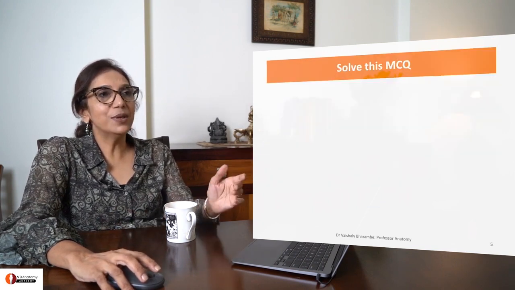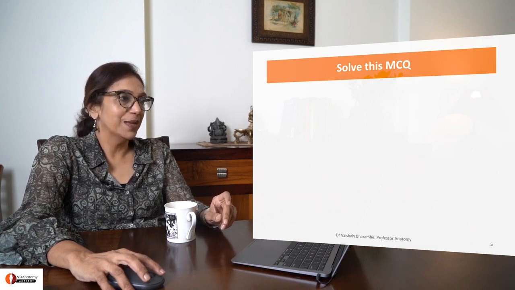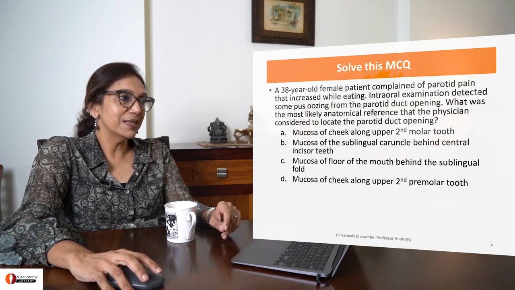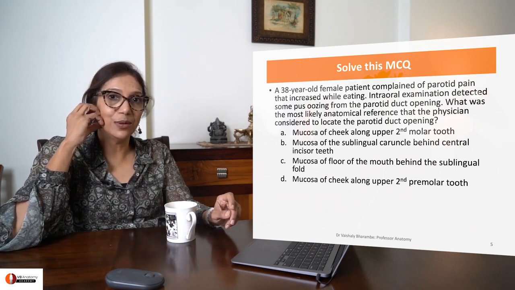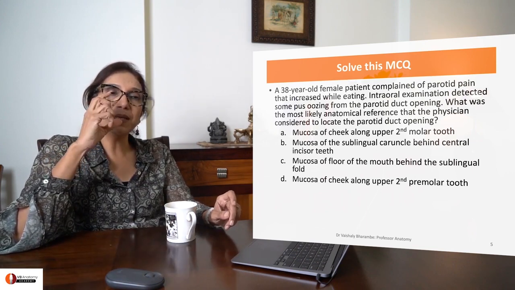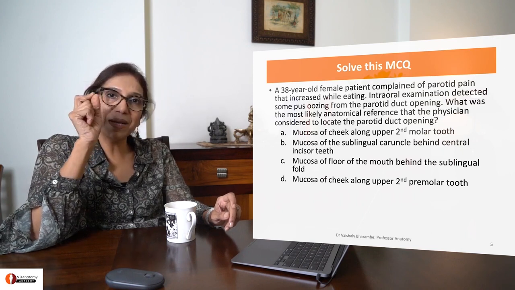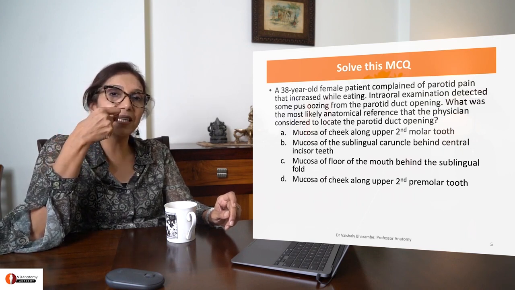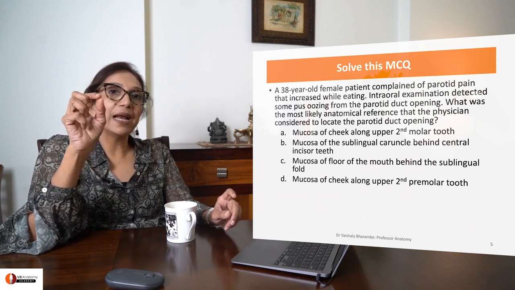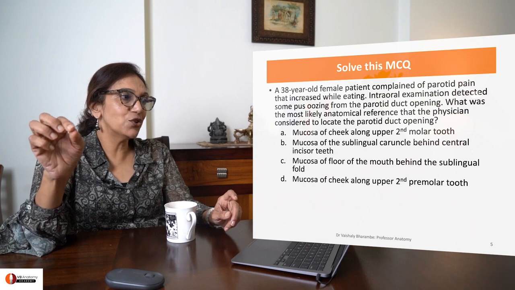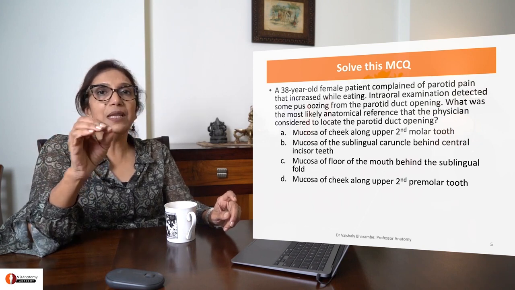Right. So before we get into this, let's see how much you know. So solve this MCQ please. There's a 38-year-old woman. She's come with parotid gland pain. The doctor opens his mouth and sees some pus oozing from the parotid duct in the mouth. Now, what was the most likely anatomical reference that the physician considered to locate the parotid duct?